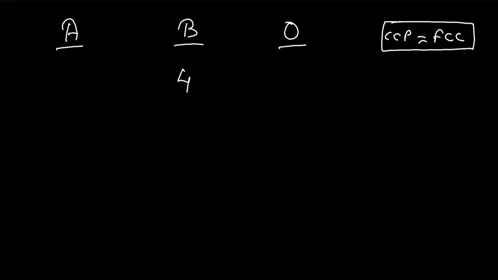So we can easily write here 4. Now the value of A will be how much? It will be half of the octahedral voids as mentioned in the question.